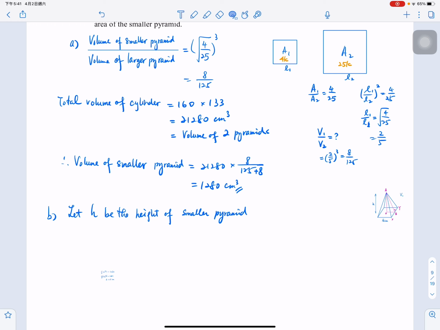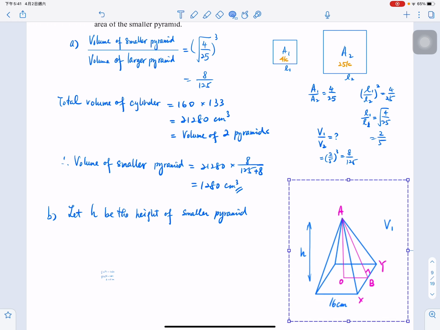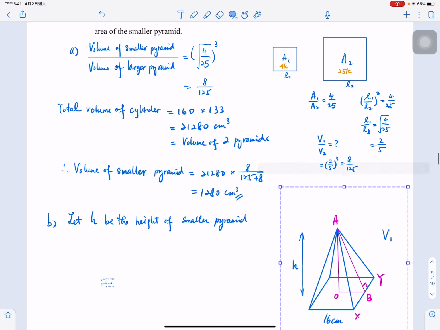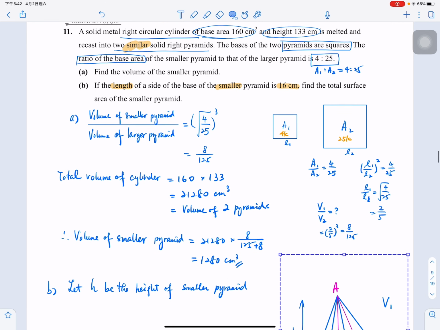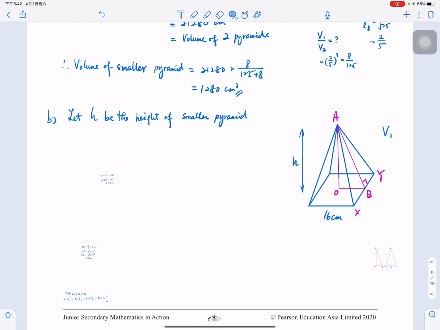So let's see, maybe this one, okay. 16 is the length of the side of the smaller pyramid, then it's like this. So 16, and you need to find AB. Please pay attention to this, okay. How to find AB?